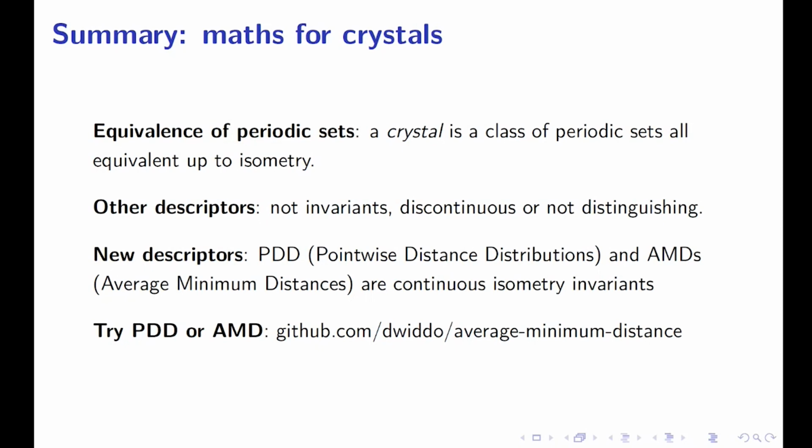Right. I wonder, you're comparing the actual structures all the time. Have you ever thought of looking at what we refer to as the Patterson function, a vector map, in other words?